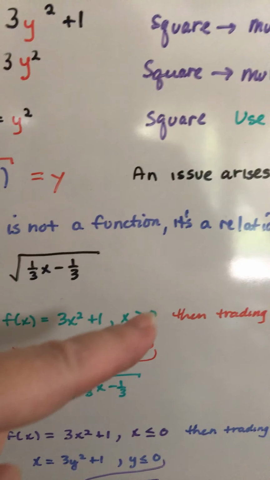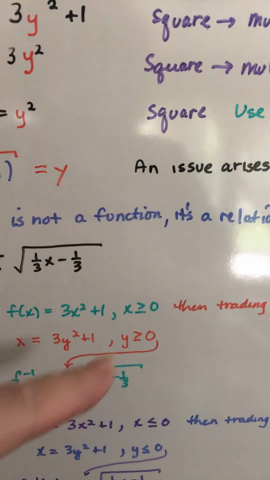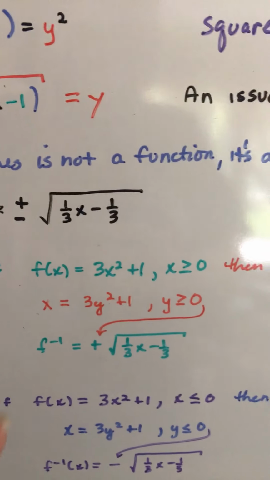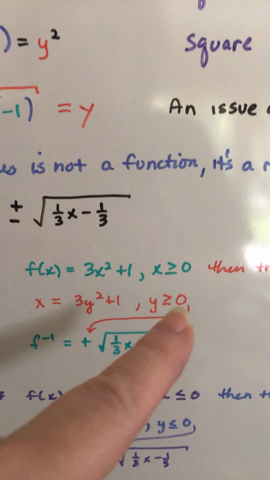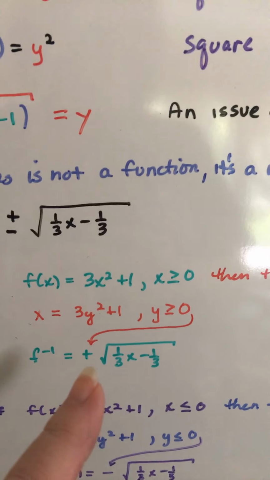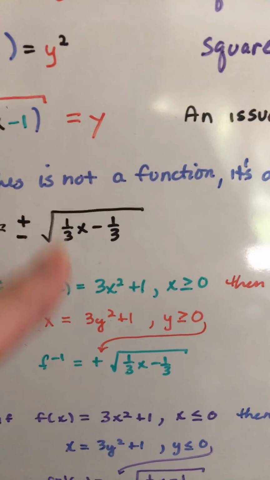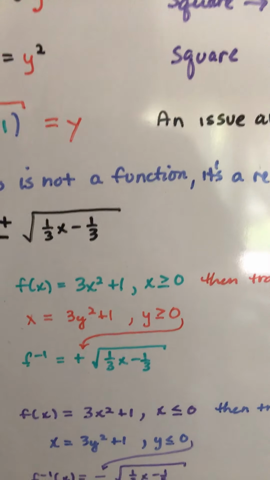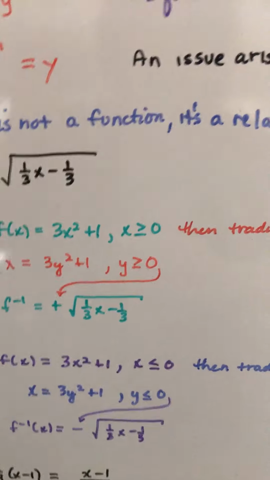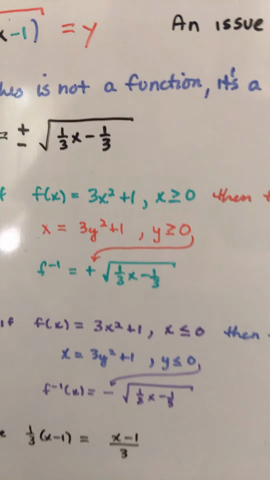I'm restricting the domain. But when we trade places, we reverse x and y, so anything that was a y becomes an x, and anything that was an x becomes a y. So now I go ahead and I see that, oh, my y's need to be positive, so I don't want plus or minus, I just want positive. And so now, under these restrictions, this indeed is going to be an inverse function.